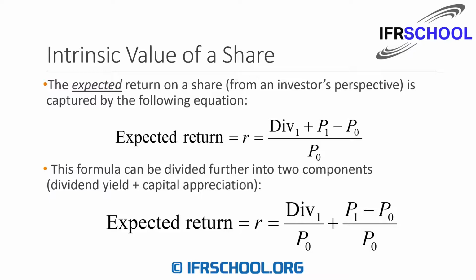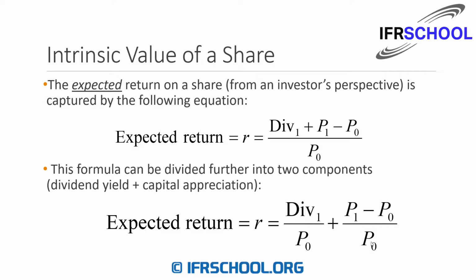But what should happen if investors are rational is they should sell the security with a lower expected return, and they should acquire the other securities with higher expected returns and similar risk profiles. The selling off of the shares of this company will cause its share price, or P0, to decline.